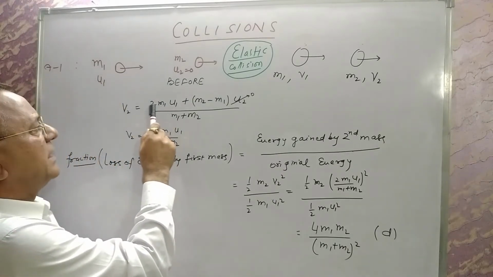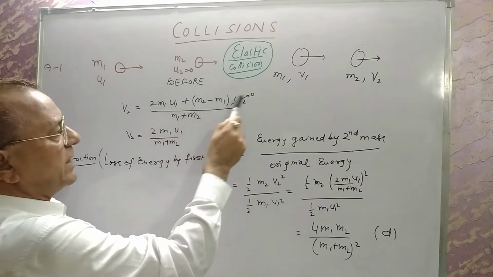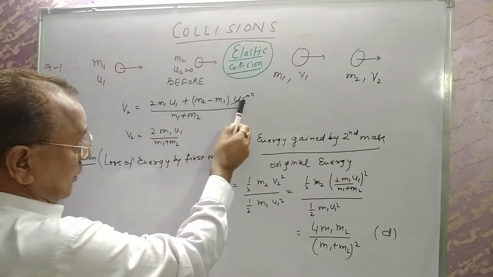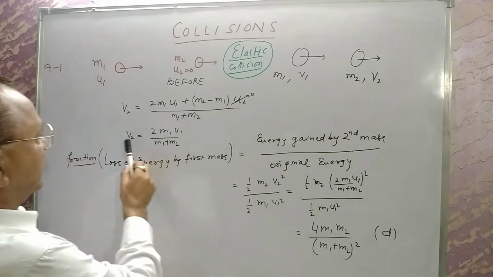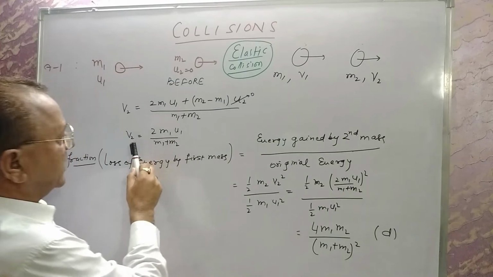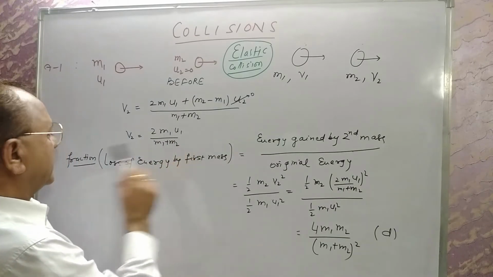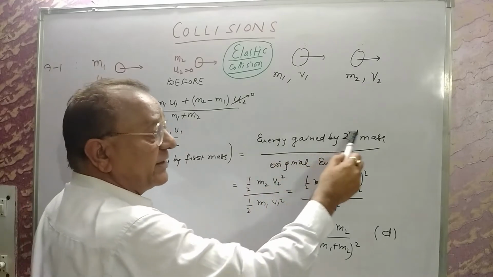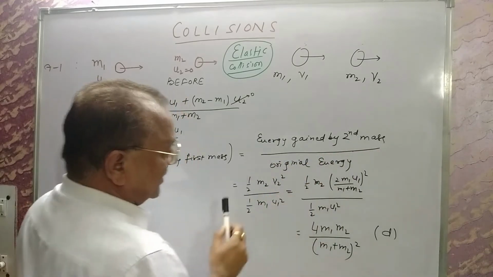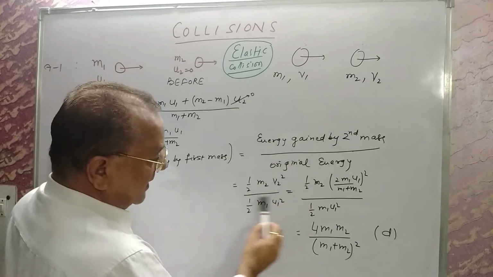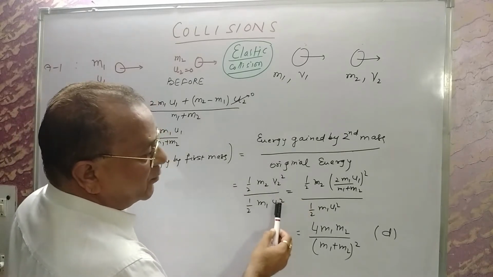There is a general formula: v2 equals 2m1 u1 plus (m2 minus m1) u2, divided by m1 plus m2. Now this u2 is 0, therefore v2, the velocity of the second body after collision, becomes 2m1 u1 divided by m1 plus m2. Fraction loss of energy is equal to energy gained by the second mass divided by original energy: half m2 v2 square divided by half m1 u1 square.